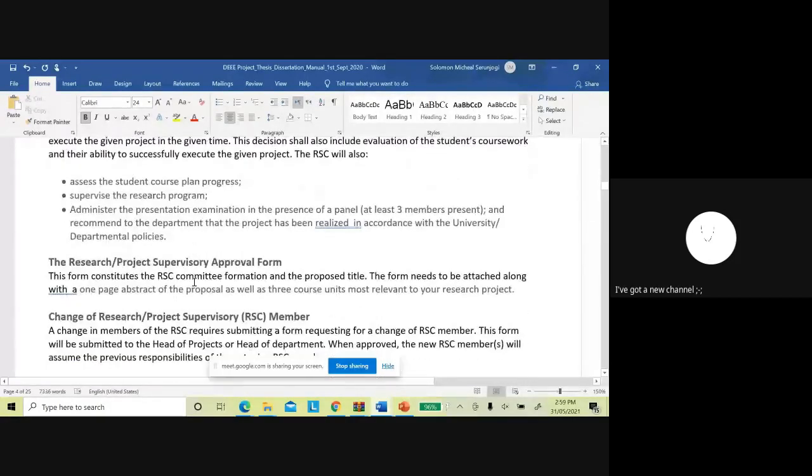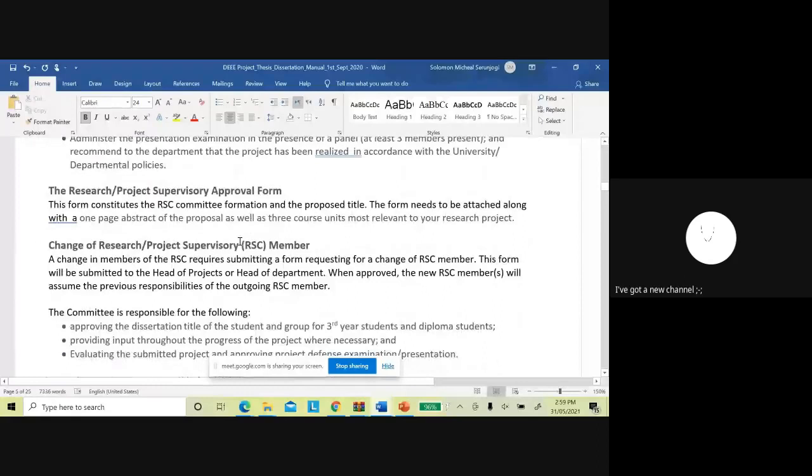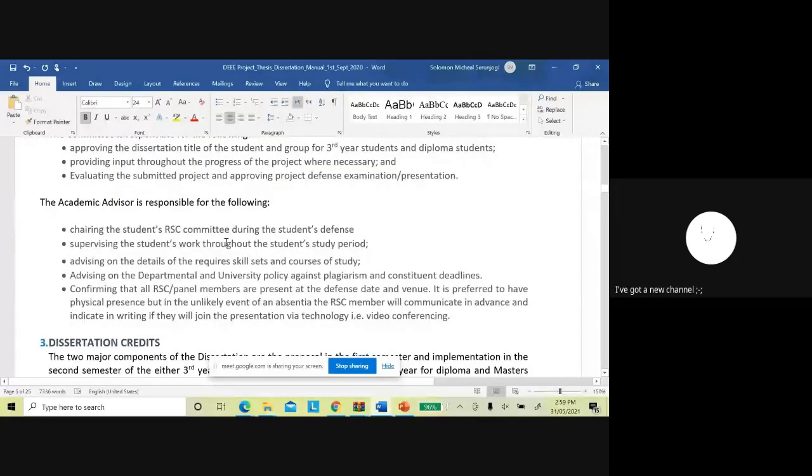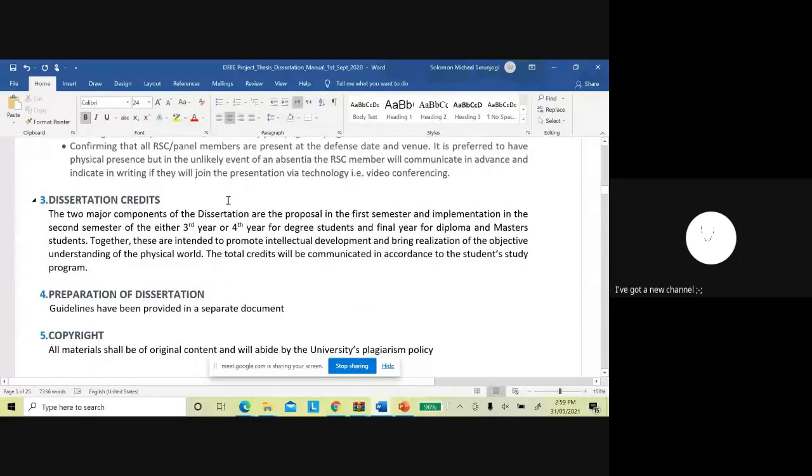And then once a project is selected and approved by the supervisor, it could be a project that has been suggested to you by the supervisor, or you have probably come up with it by yourself. In any case, you have to sign and put the title on that form. So once that has been done, you have a supervisory committee. Then you can go into the details of preparing your research proposal.